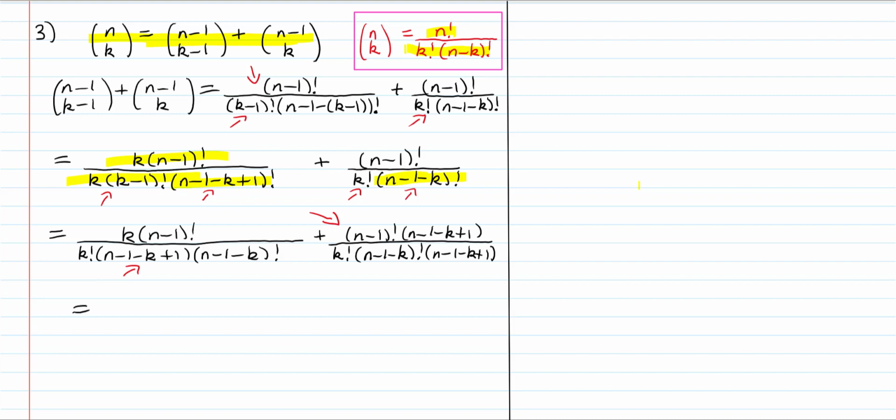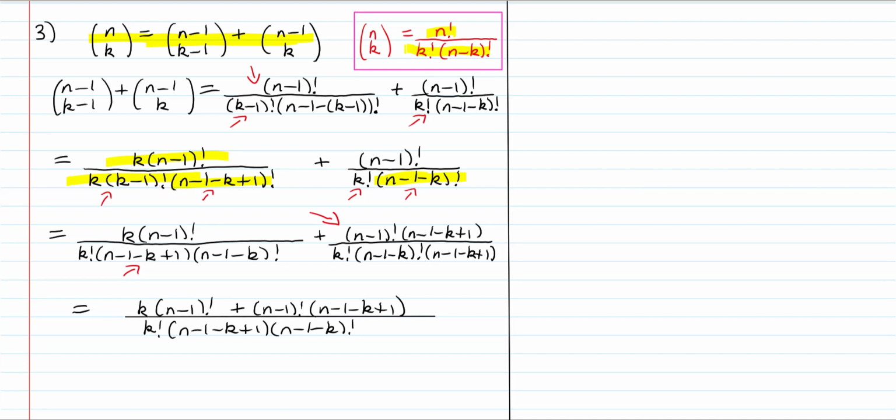So it's going to be equal to k times (n-1)! plus (n-1)! times (n-1-k+1), and that is all over k! times (n-1-k+1) times (n-1-k)!.